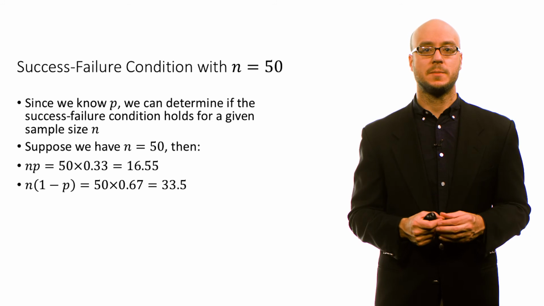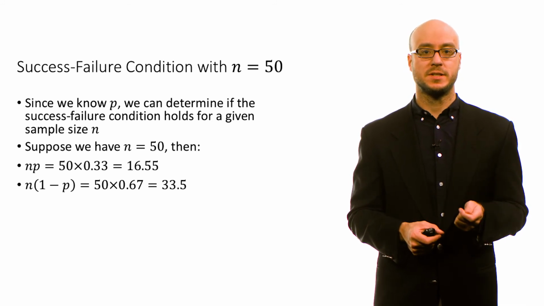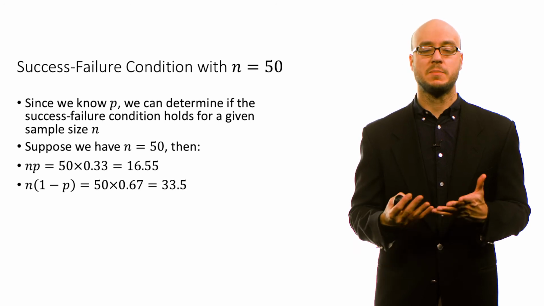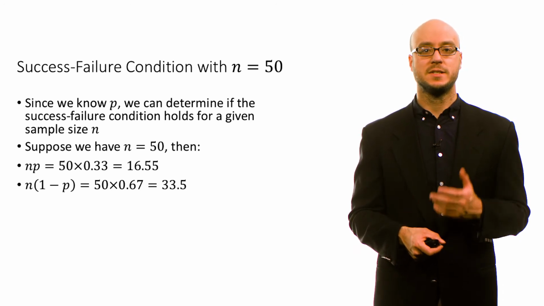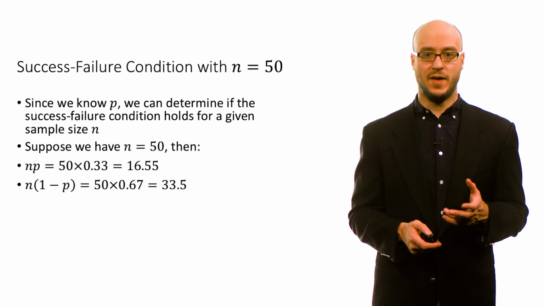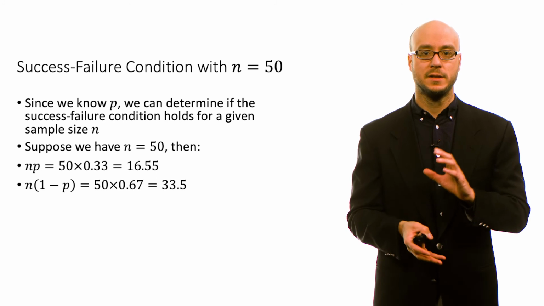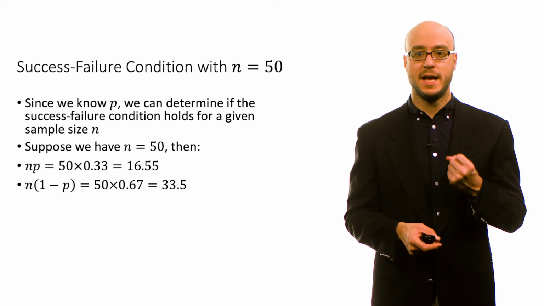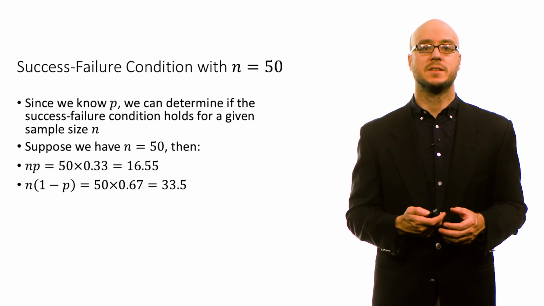So let's look at a sample size of 50. N times p is about 16.55. So in a sample size of 50, we'd expect about 16.55 successes and about 33.5 failures. Out of that sample of 50, we'd expect 16.55 to be heads of households and 33.5 people to be not heads of households.